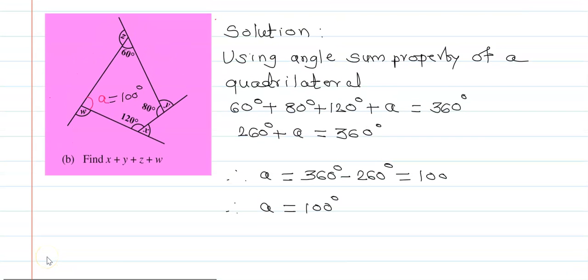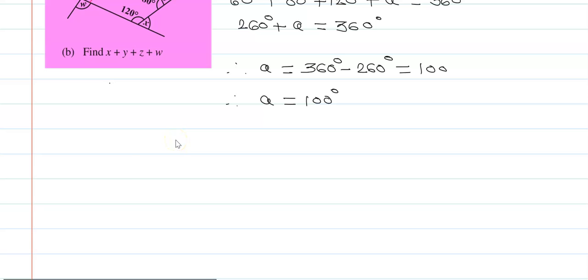Now here we calculate the individual values. The first: 120 degree plus x is equal to 180, the linear pair angle.